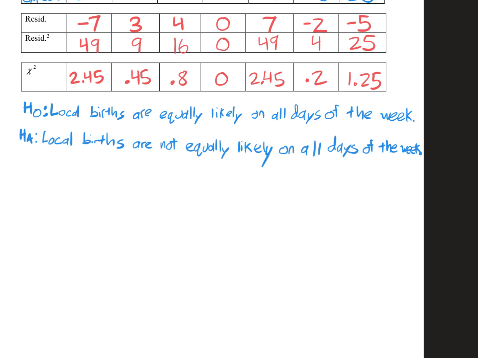All right, after our hypotheses, we do our conditions. It doesn't matter what order we check these in as long as we hit them all. So they do mention it was a random sample. All right, so I'm going to say the sample was randomly selected.